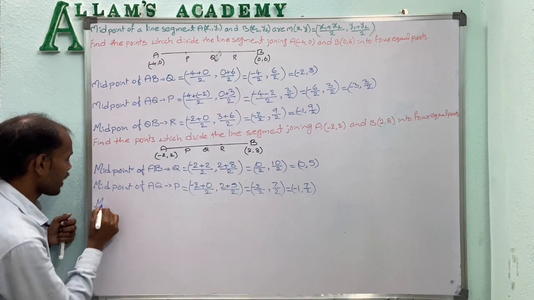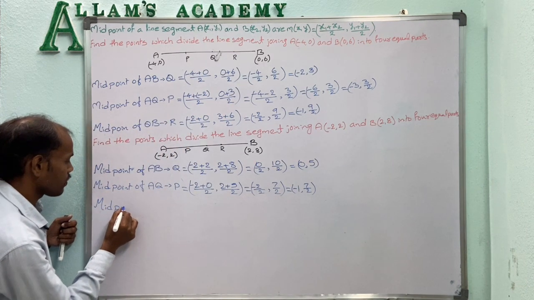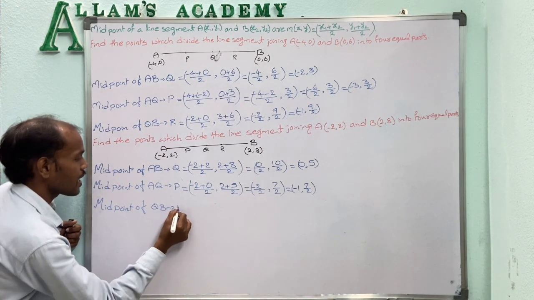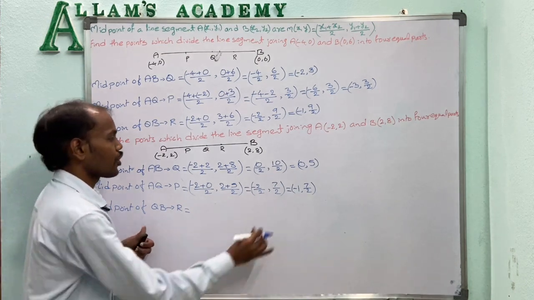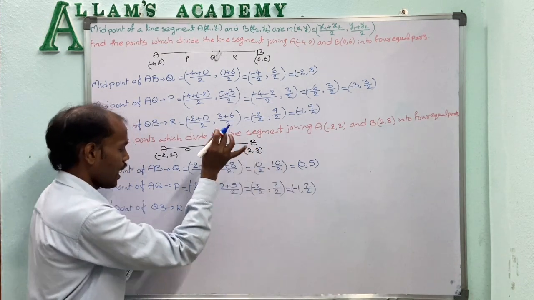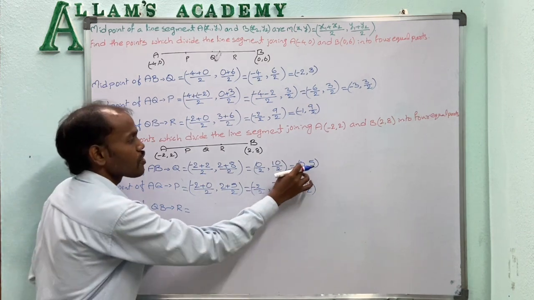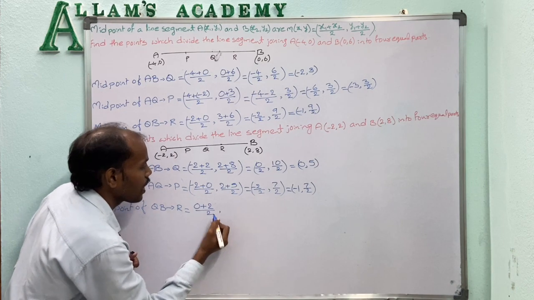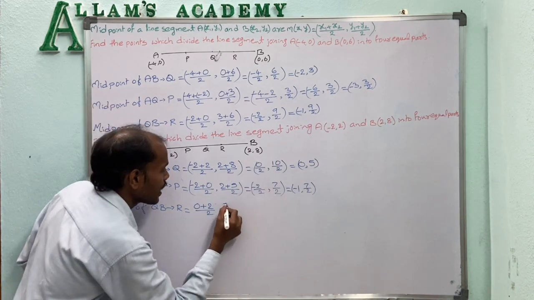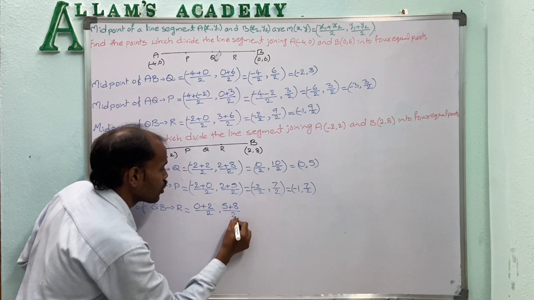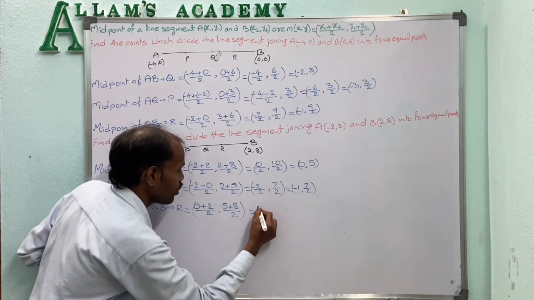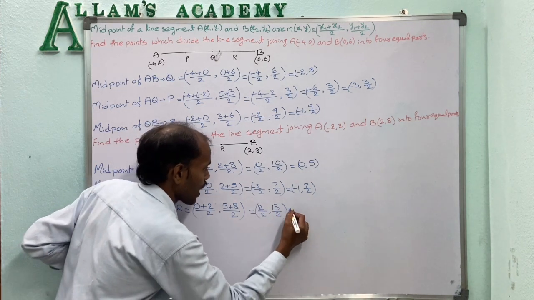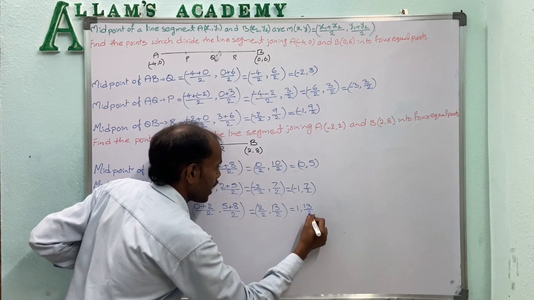Next, the midpoint of QB, that is R. So now Q value is 0 comma 5 and B value is 2 comma 8. So (x1 plus x2), 0 plus 2 by 2, (y1 plus y2), 5 plus 8 by 2. 0 plus 2 is 2 by 2, 5 plus 8 is 13 by 2, 2 by 2 is 1, comma 13 by 2.